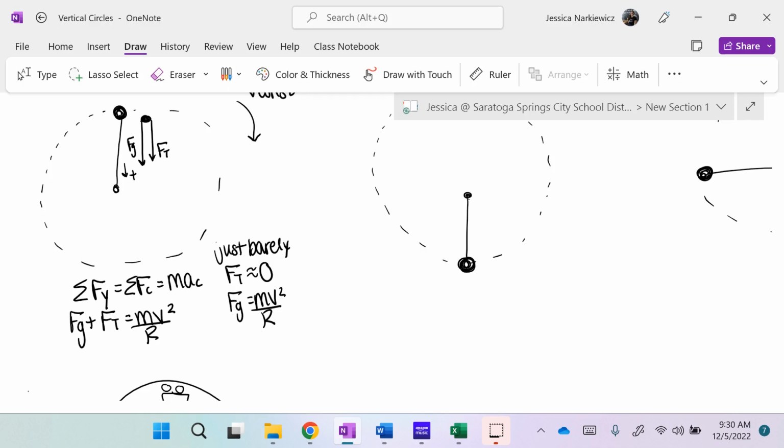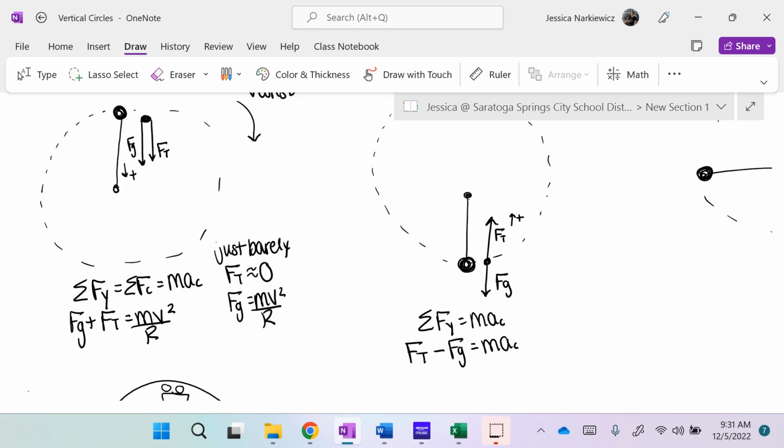Then at the bottom, we're going to have a tension force pointing inward, and remember, into the circle is always positive, and an Fg pointing outward. So here, my net force in the y direction is mac. So I have tension minus gravity here, because they're in opposite directions.